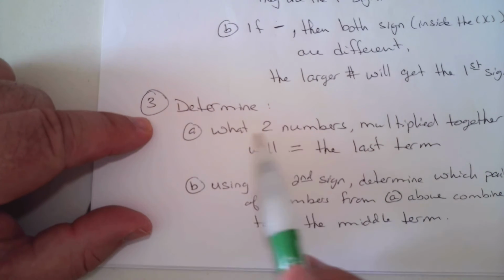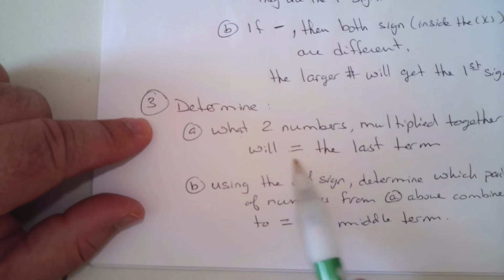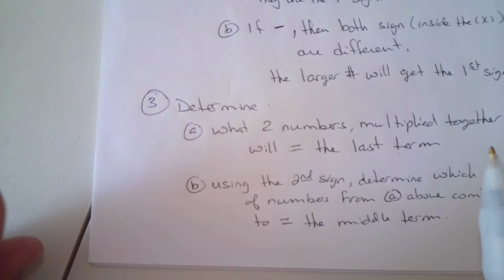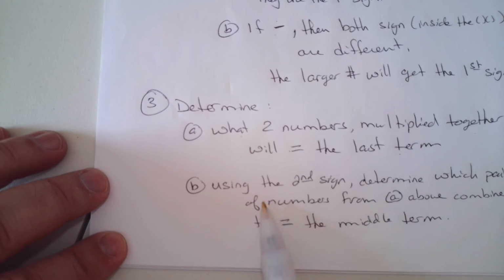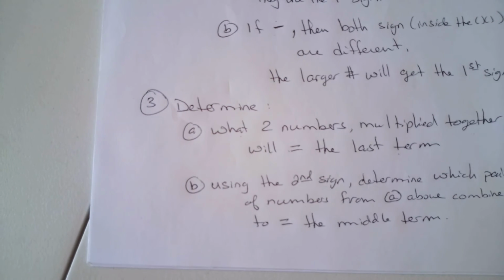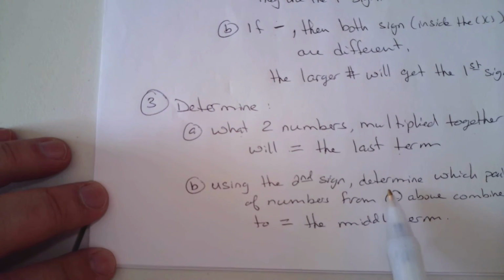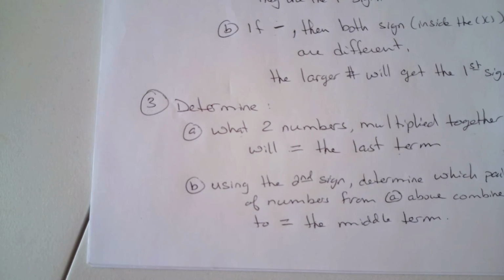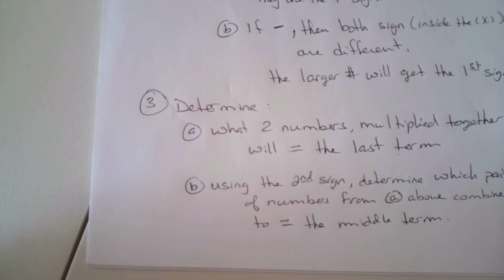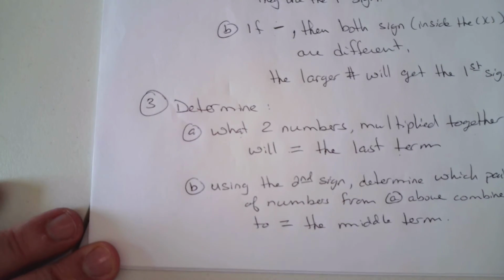So this is the hard part. What two numbers multiplied together equal the last term? Using the second sign, it's either going to be plus or minus, either add or subtract. Determine which pair of numbers can combine using that sign to equal the middle term.